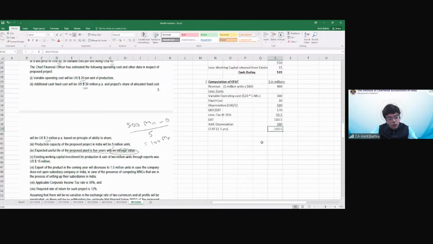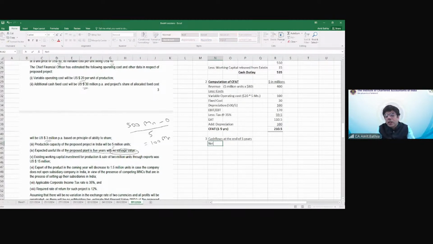Cash flow after tax of 210.5. Further, at the end of the 5th year, do you have any other cash flows which are going to happen? What are the normal cash flows which may happen at the end of the project? There are only two things which generally happen.